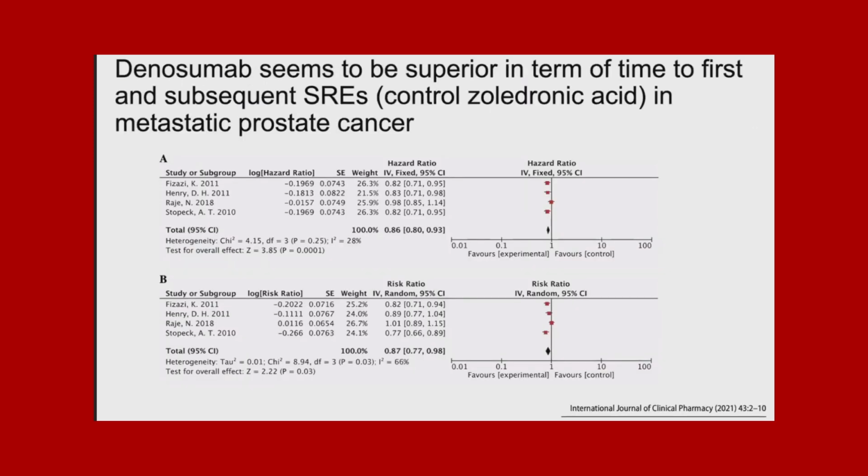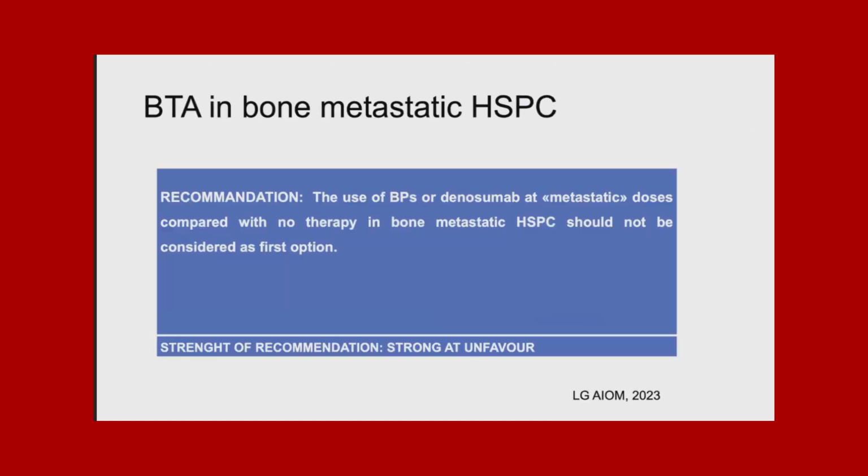This is a meta-analysis published 2 years ago in which denosumab was compared with zoledronic acid in terms of delaying SREs, skeletal-related events. And as you can see, denosumab seems to be superior to bisphosphonates in delaying skeletal-related events and in reducing the incidence of skeletal-related events.